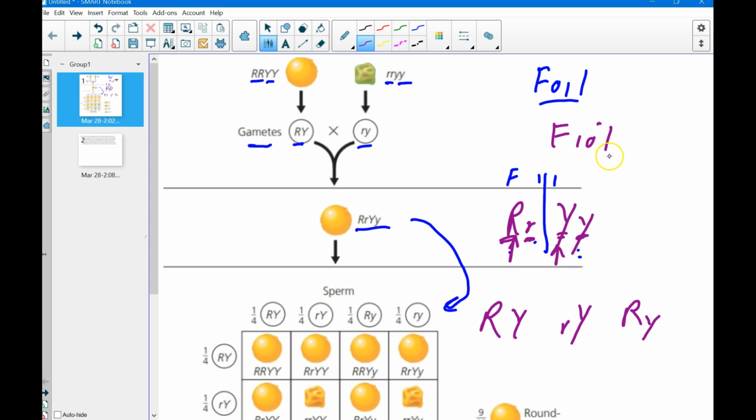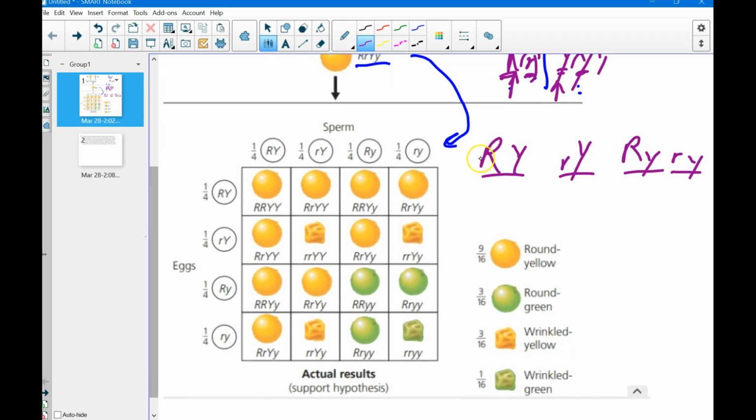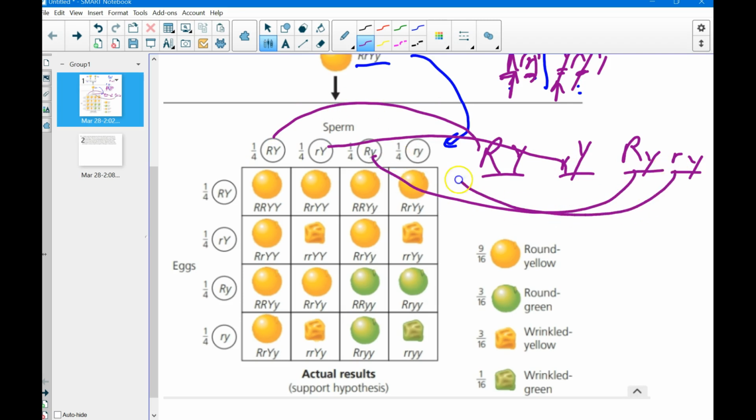And then the last will be the small r, small y. And now you have the gametes for the cross you're dealing with, and you can notice that as I line them up over here, this corresponds with that one, this one with this one, this one with this one, and this one with this one.